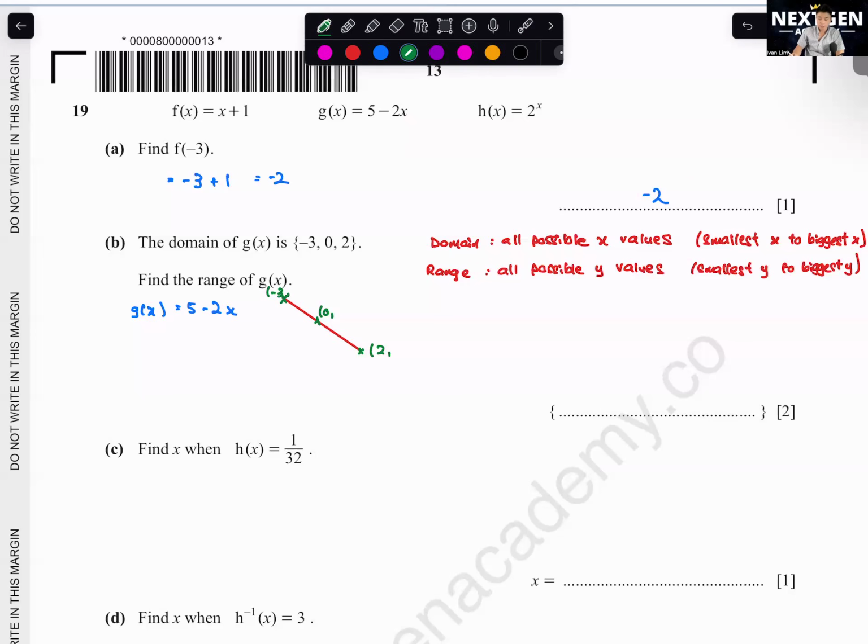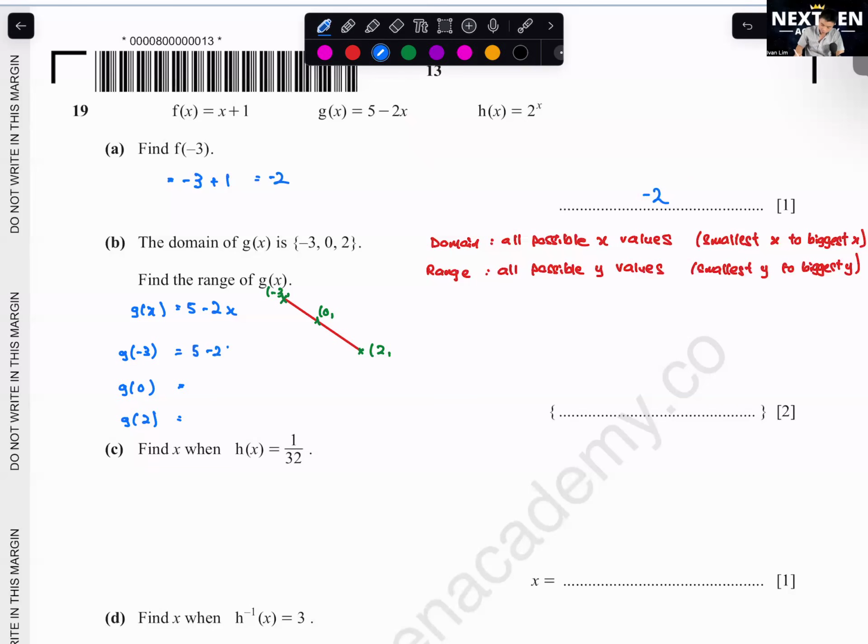Now we just want to find what are the y values for these 3 values. So all we need to do is substitute: g(negative 3), g(0), and g(2). But it will be different for different types of graph. We only use this specifically for a linear. You just need to sub in the value. Don't need to do anything complicated.